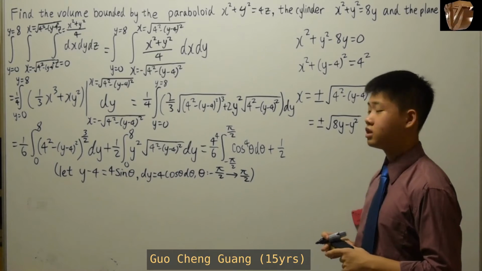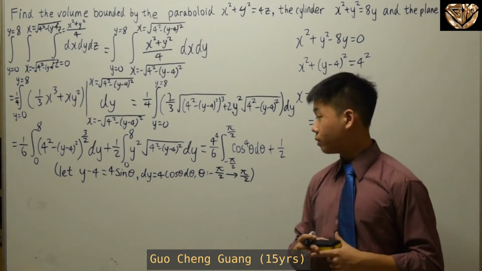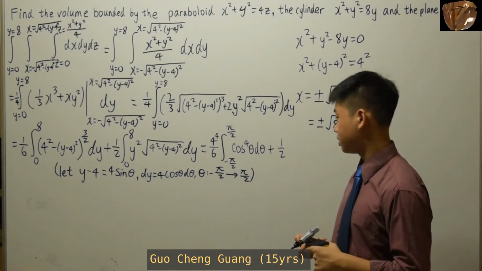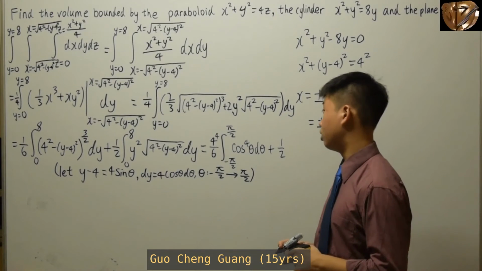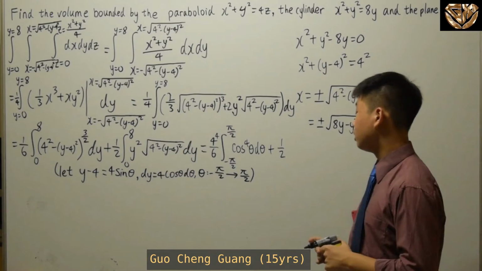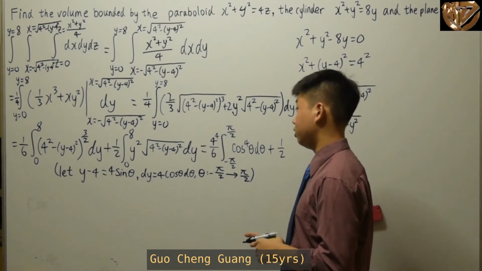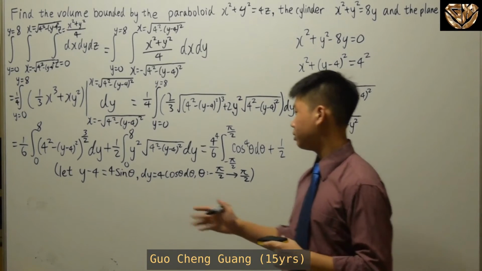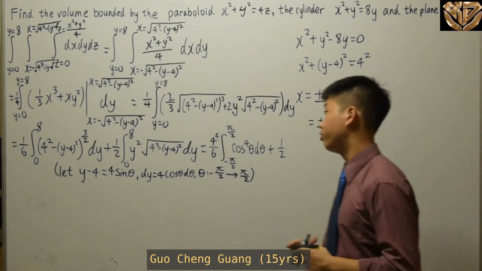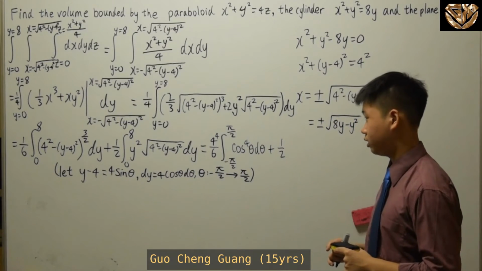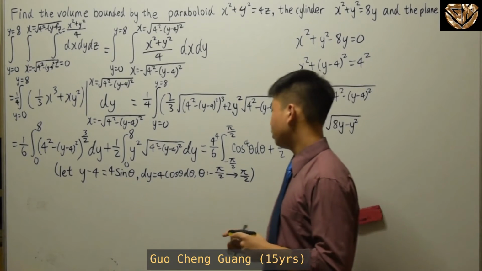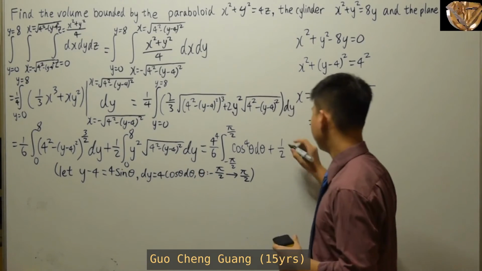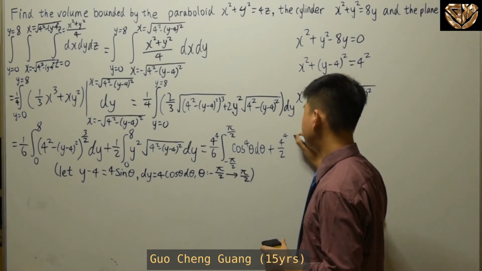So of course, in the second term, you could also make the same substitution, but all you have to do is to make a little more expansion, alright? So what exactly do I mean by that? Since you will be able to see that y would be 4 plus 4 sine theta, where you can still take out the 4. So you'll still have 4 to the power of 4.